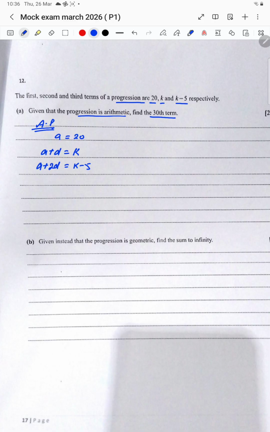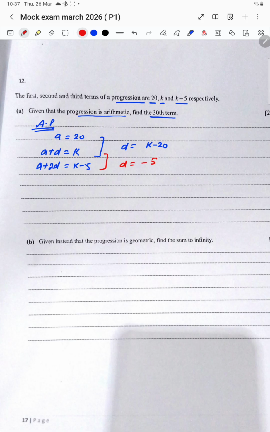First we know the common difference between the terms is the same. So from the first two terms d is k minus 20, and for the last two terms d is, if I subtract, 2d is cancelled, so we get d is equal to minus 5.